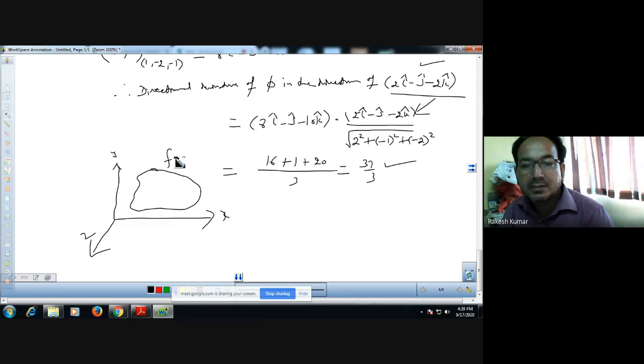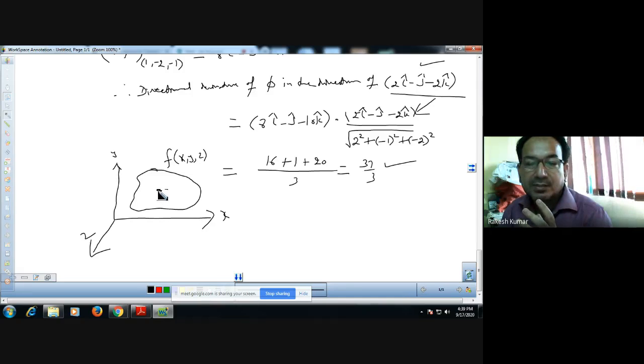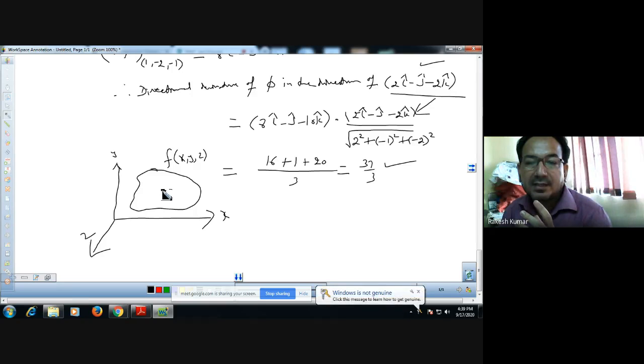The name of the surface is f, and this is a function of x, y, z. Now we must have a vector. Suppose they say that we find out the directional derivative in the direction of this vector.